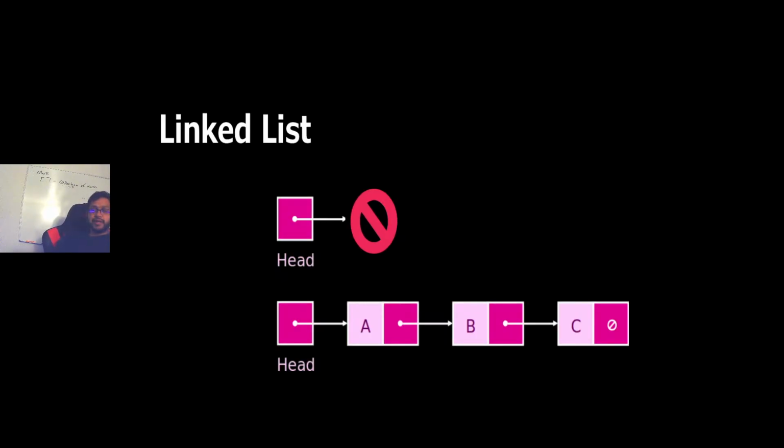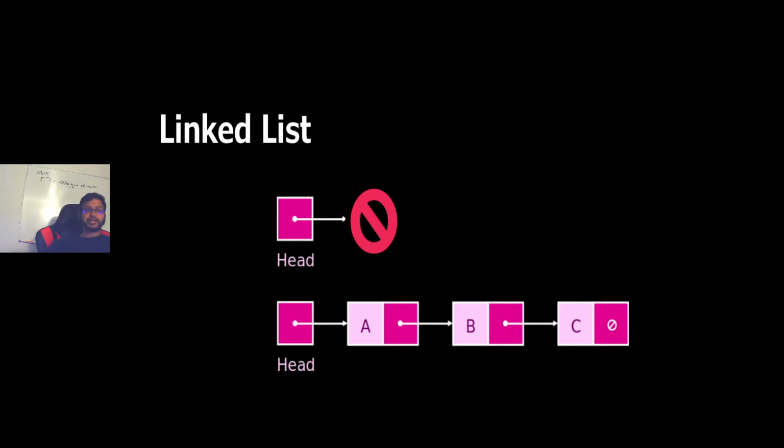This can work together by being implemented inside of another list. So you have your little node, and the node is an object within the linked list. And inside the linked list, you also have this pointer called head. It is similar to a node in that it's a pointer, but it does not have any data. This head just tells you where the beginning of the linked list is.